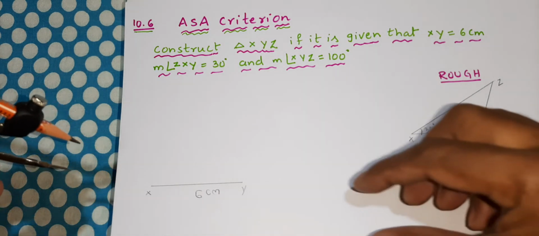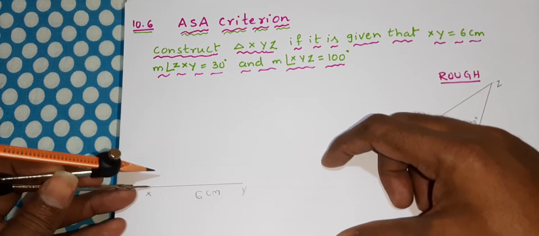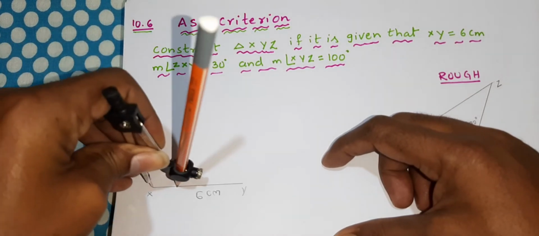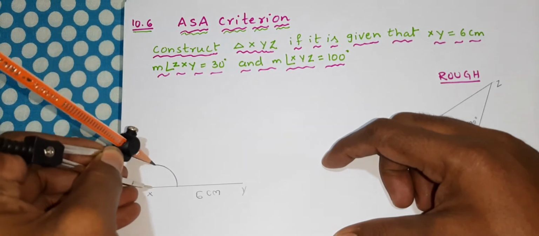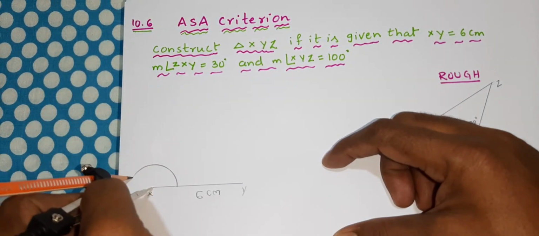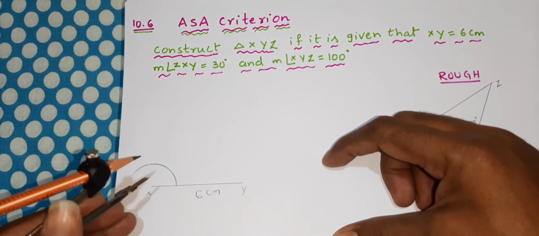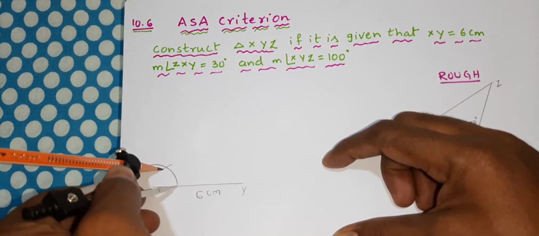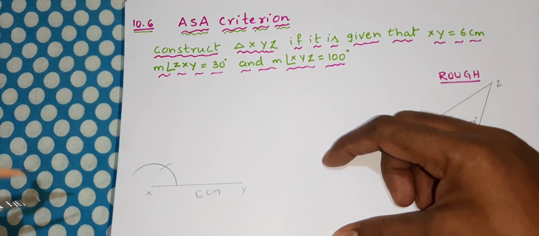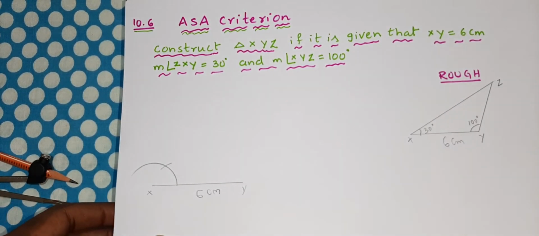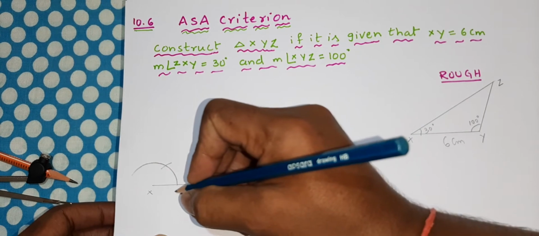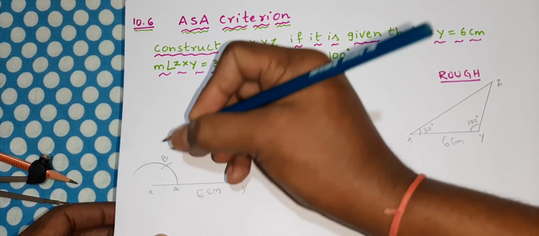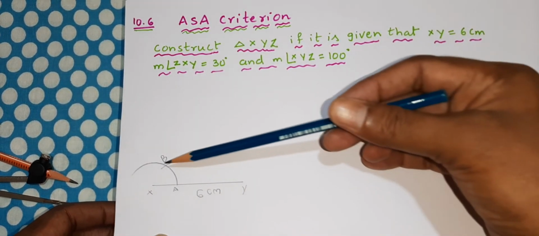Then take center as X and draw the arc. We already discussed in yesterday's class how to construct 60 degrees. Now with that same radius you can cut this arc. Now children, see, this arc will intersect XY at first point A, next point B. Now this part will become 60 degrees.